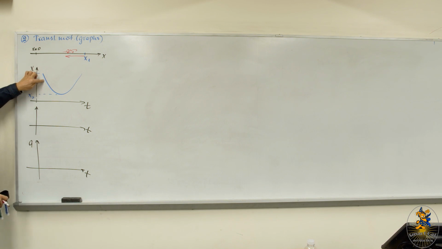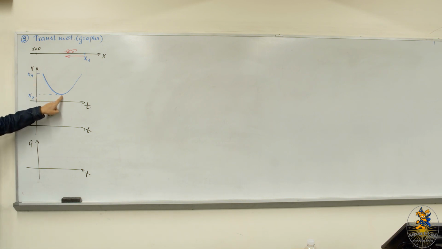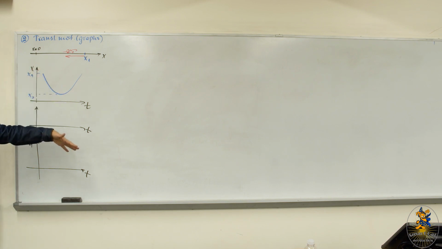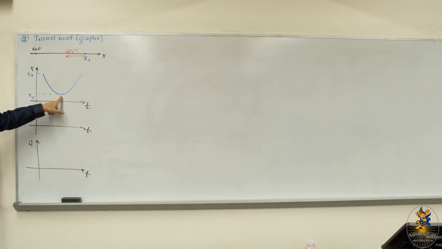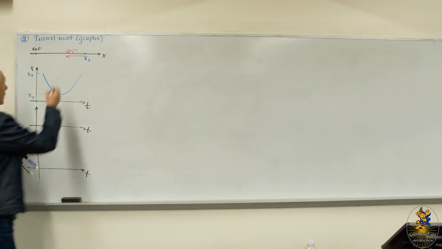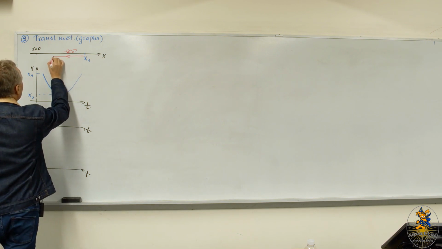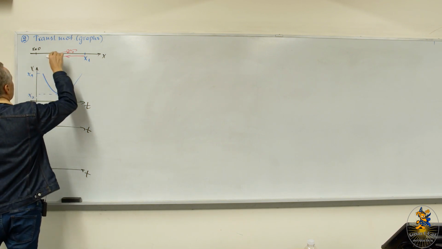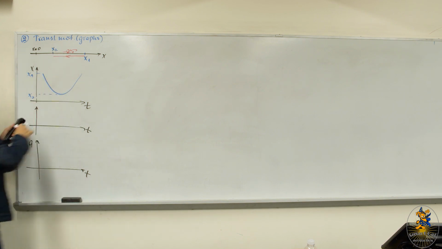Then it keeps going down, down, and then at a certain moment, x stops. It doesn't go any lower than this x, x2. So it will come, for example, to this point. Let's say this is x2, and that is the minimum x.